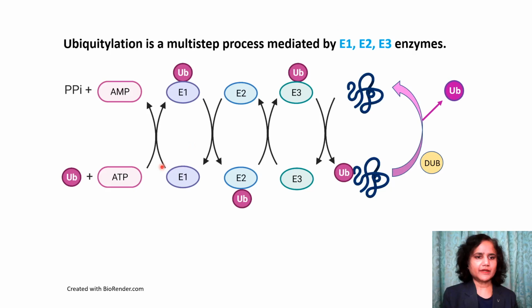That's not shown here, but by that cleavage you would get a ubiquitin polypeptide whose C-terminus is a glycine.